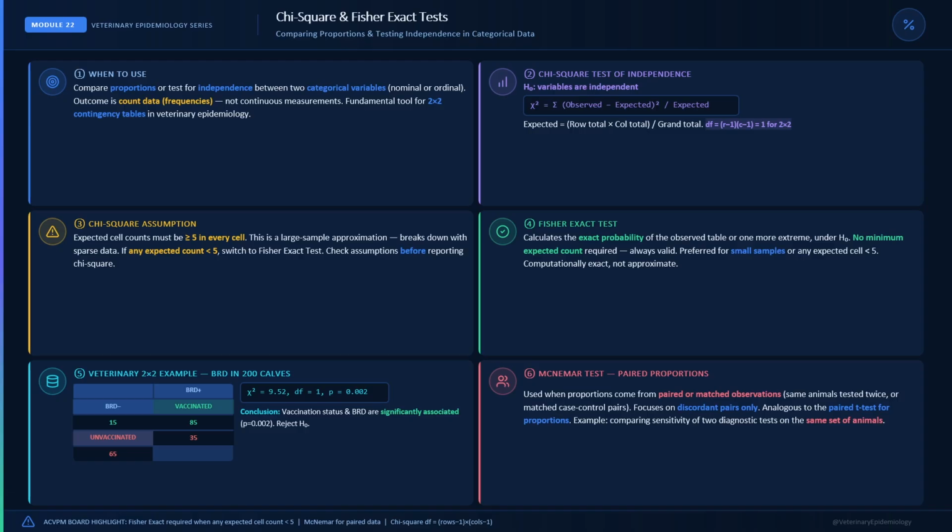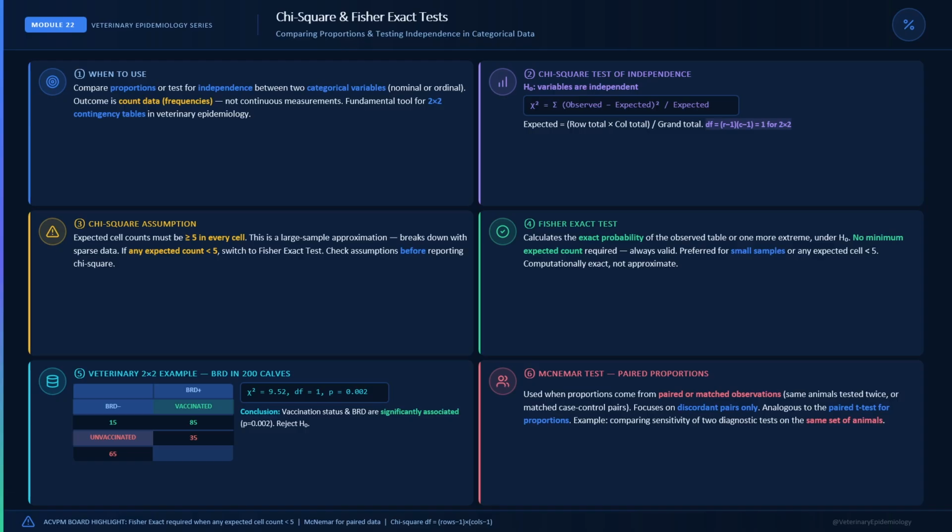Every expected cell count needs to be at least 5. If any cell falls below that, chi-square starts to break down and you switch to the Fisher exact test, which is always valid even with tiny samples. In our example here, vaccination status and BRD turn out to be significantly associated with a p-value of 0.002.